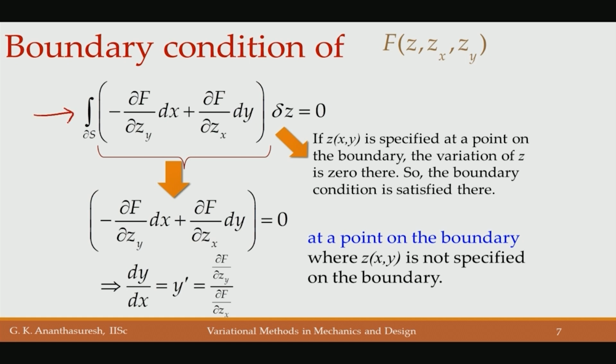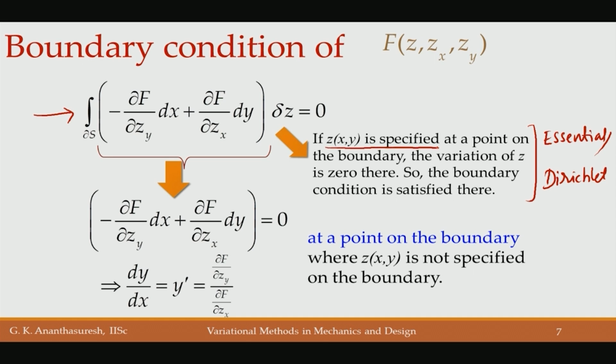Whenever delta z is 0, that is, z is specified, then the boundary condition is satisfied. This is the Dirichlet boundary condition, or what we call the essential boundary condition, where z is specified at a point on the boundary or a portion of the boundary.